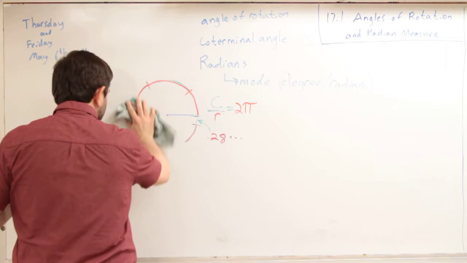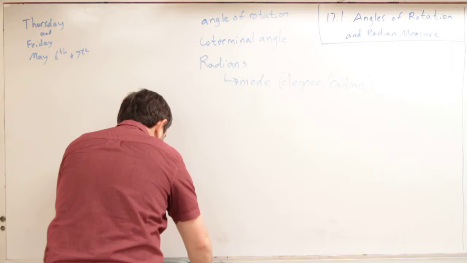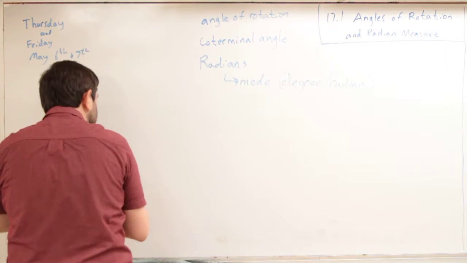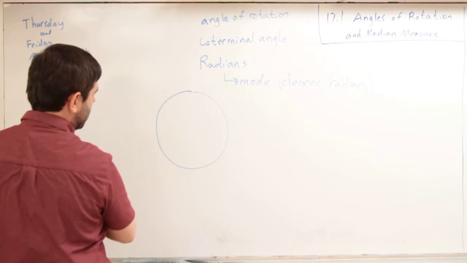Remember, there's 2 pi radians that fit in a circle.